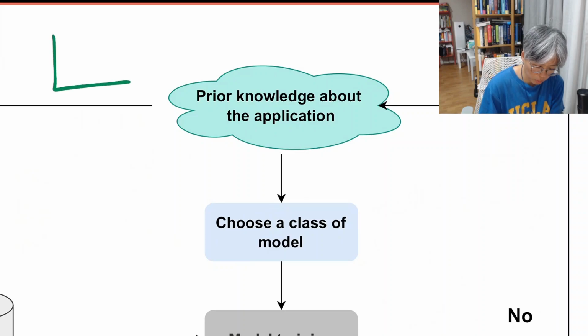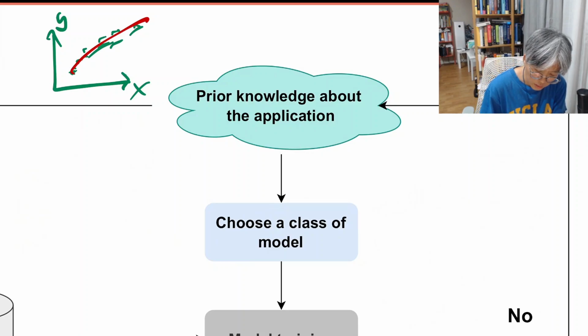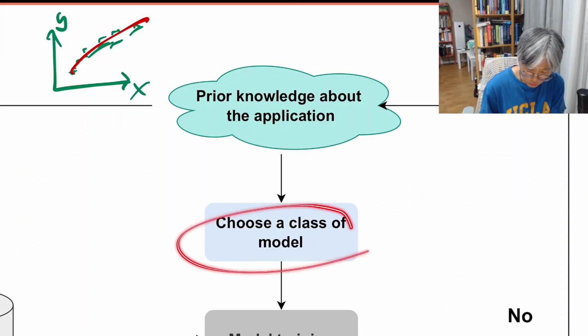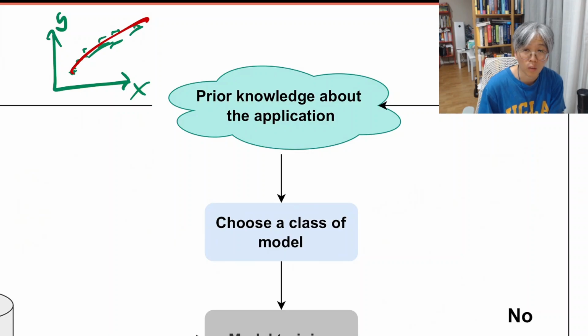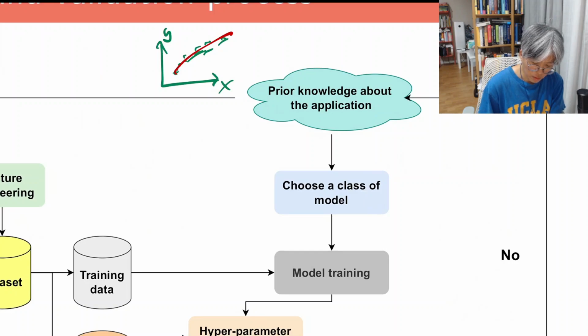One simple thing is to get the relationship between y and x, each feature, and see what kind of relationship they have. If it's simple, you don't need to pick a very complicated model. If the features are multi-dimensional, maybe you have to pick a more complex model.